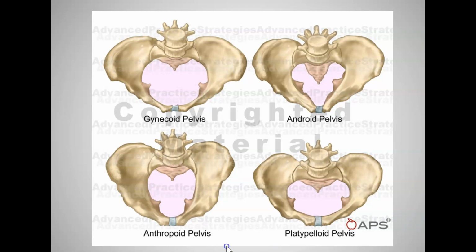That is a picture that I probably stole from somewhere, because I don't think we have any pictures in our book of the varying types of pelvises that women tend to have. But if I was you, I would just know the names of them.